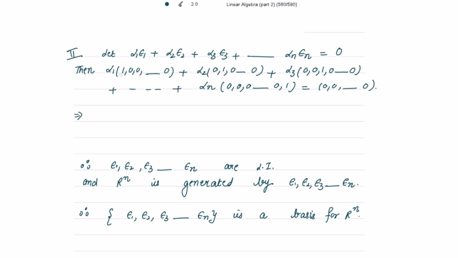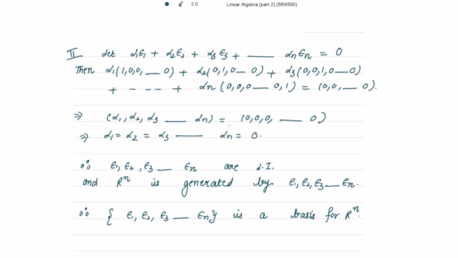if you multiply alpha 1, alpha 2, and so on, and add all these, you will get (alpha 1, alpha 2, alpha 3, up to alpha n) equal to (0, 0, 0, and so on). This implies alpha 1 equals alpha 2 equals alpha 3, all of these are equal to 0.